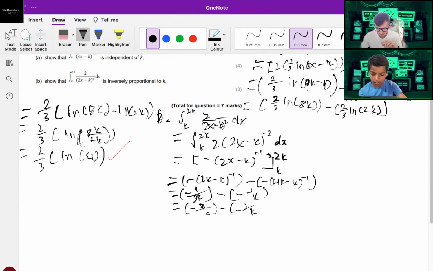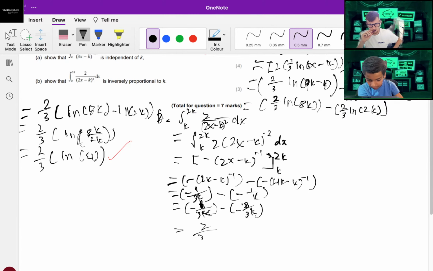So that is 3k minus k, that's just k, and then that's just 1, minus 1 over 3k, so that is 2 divided by 3k.